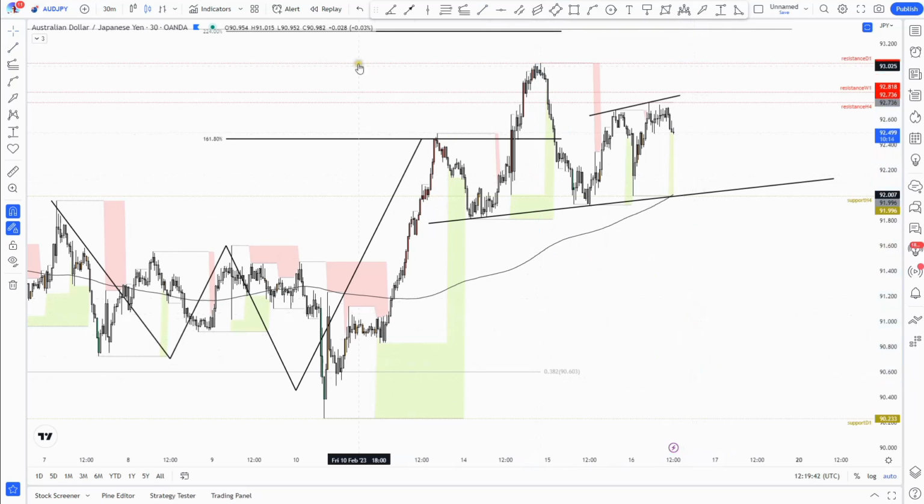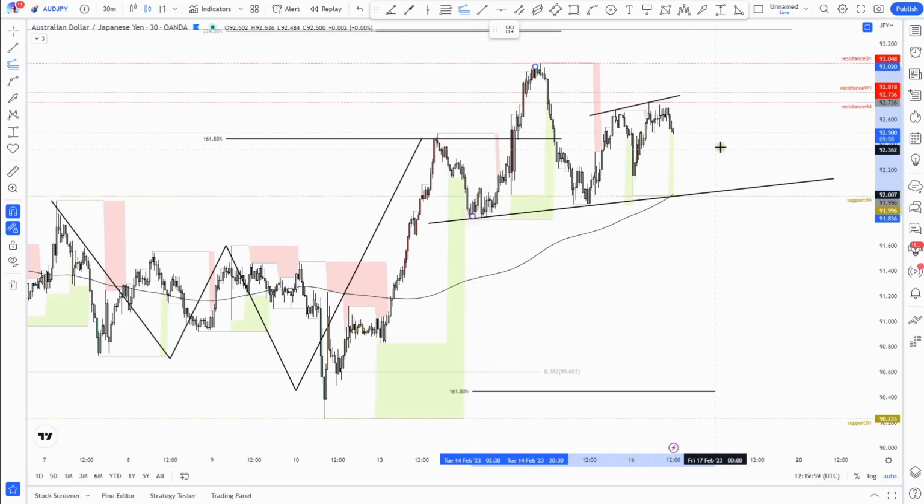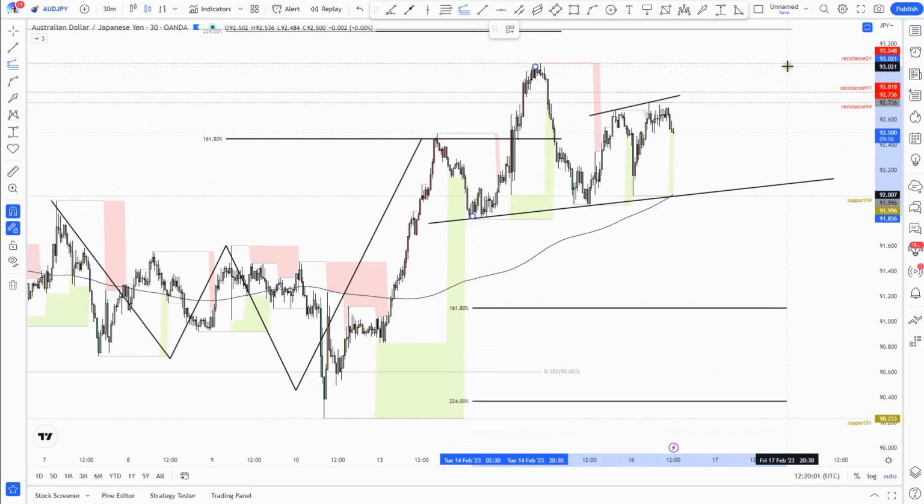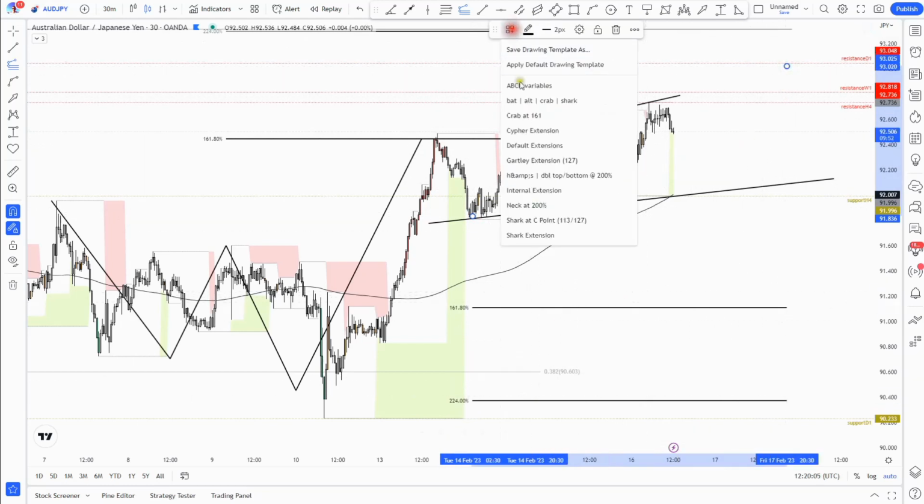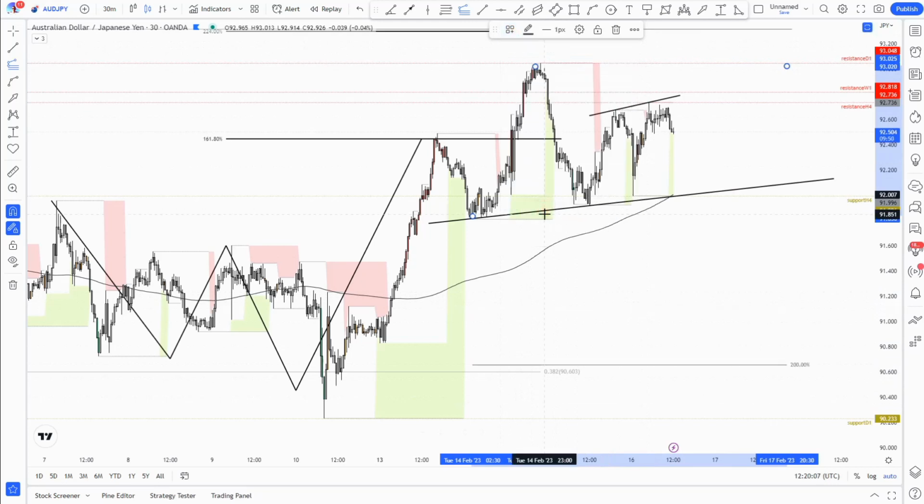So for that, I usually use a Fibonacci extension level. I pick the higher close of the head and the lower close of the left shoulder, and I push again to the highs, to the higher close, and I search for the 200% Fibonacci extension level.